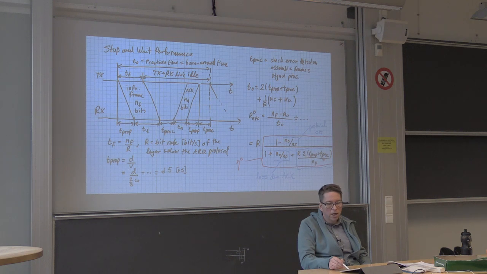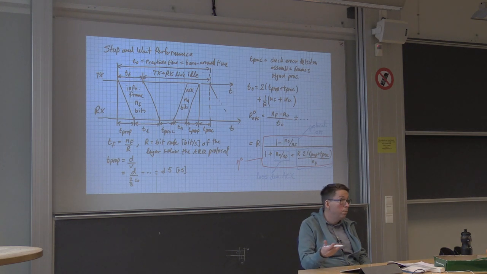The propagation delay and the processing delay, what can we do about that? Well, the propagation delay, we cannot do a whole lot about that because that's physics. The processing delay, we can of course buy faster hardware, we can do that. If we include then also router delays and so forth in the propagation time here, we can make the routers faster.